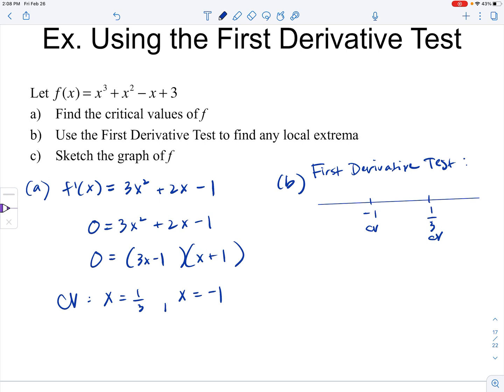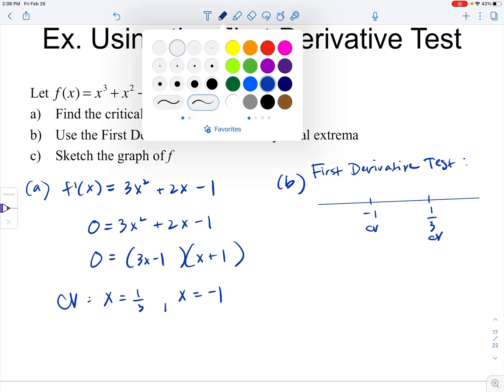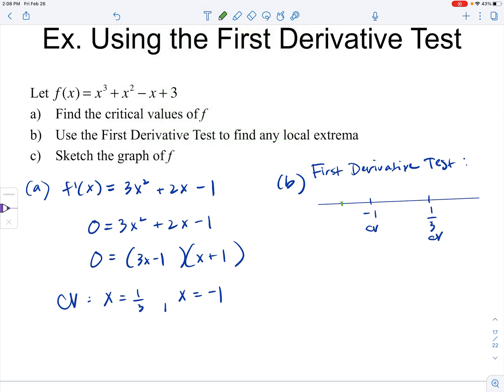I also like to label them as being critical values, just to separate them from my test values. So for test values, I could use -2, 0, and 1. And I'm plugging those test values into the derivative because I want to know whether the function is increasing or decreasing, what the sign of the slope of the tangent line is to the left and the right of each of those critical values.